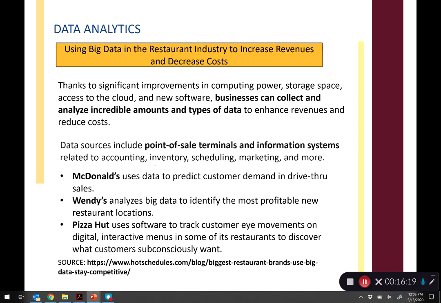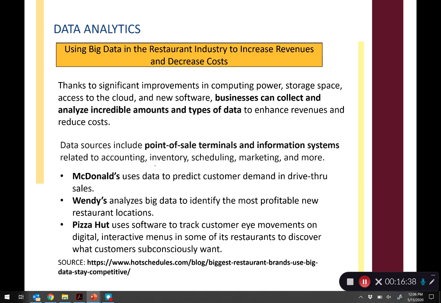Data analytics is hugely important in all types of businesses, and it's no different in accounting. Data analytics, you may have heard that term before, uses big data, so all the types of information that companies gather in order to make decisions.